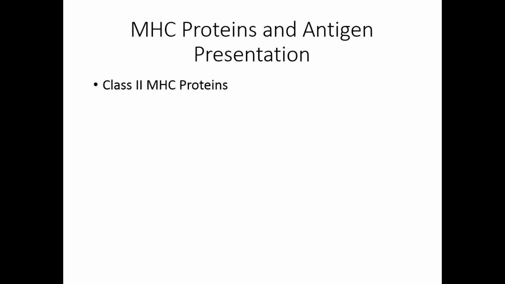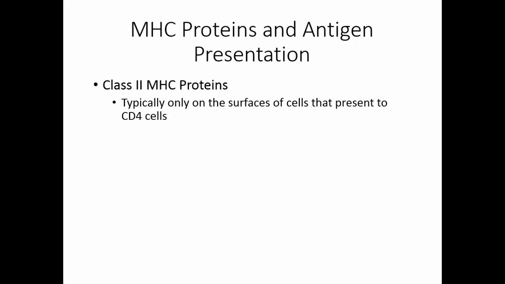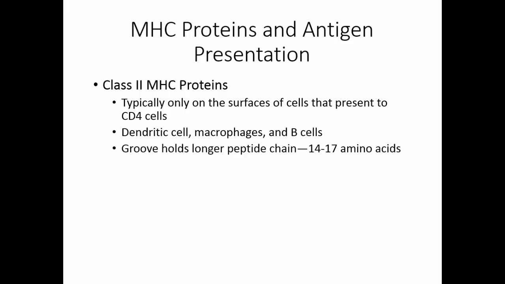Class 2 major histocompatibility proteins are typically only on the surfaces of cells that present to CD4 cells. These are your antigen-presenting cells, the dendritic cell, the macrophages, and the B cells. This groove holds a longer peptide chain, usually 14 to 17 amino acids, and it only holds exogenous antigens, antigens that were made outside the antigen-presenting cell.